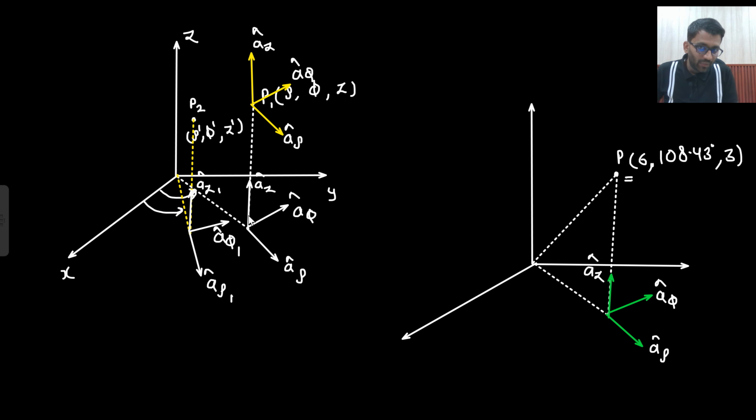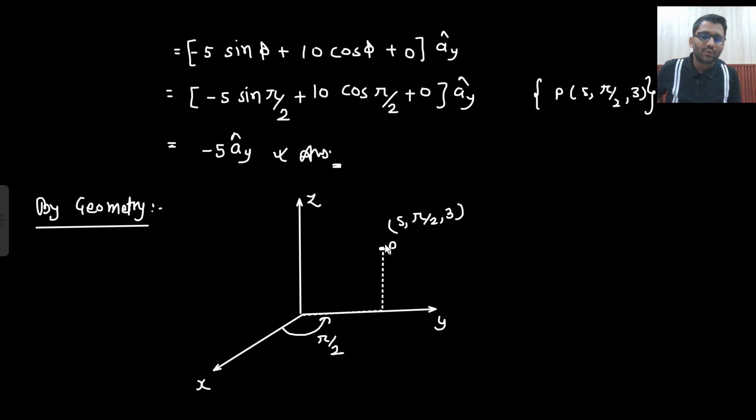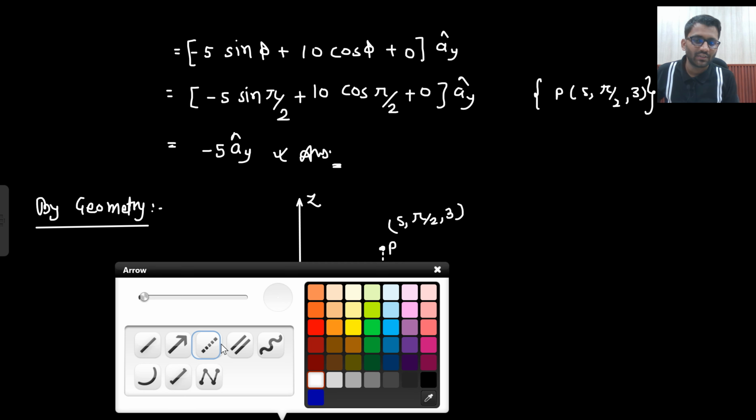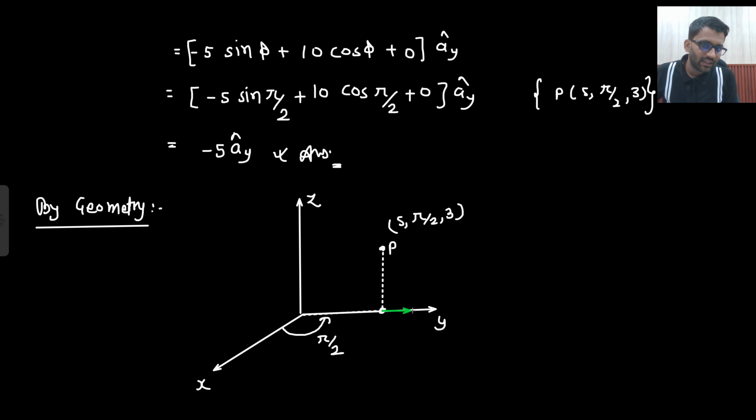We take the projection of point P onto the xy plane, and then join it to the origin and see in which direction this distance is going. So I take the projection of P on the xy plane, but this will come on the y axis only, no? Because point P is on the zy plane. So the projection will come on the y axis only, and then I see the distance from the origin, that is 5, and in which direction it is going. In this direction it is going.